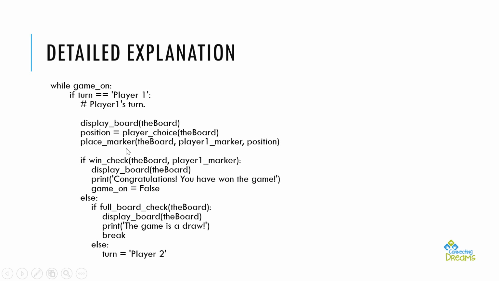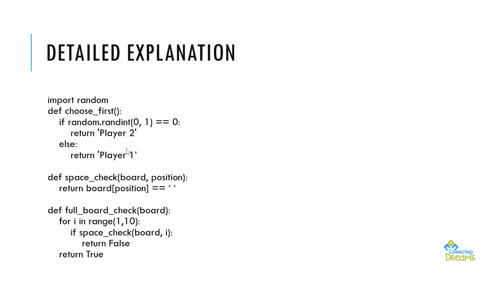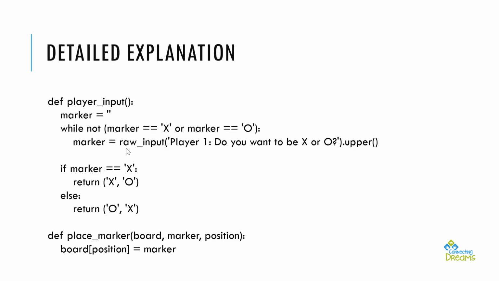We are calling the function place_marker, which is defined here. This board variable is going to hold the board, marker is your player 1 marker, and the position is the position where the user wants to insert that marker. So with the help of this function, the marker assigned to player 1 is stored in this particular location of the board.